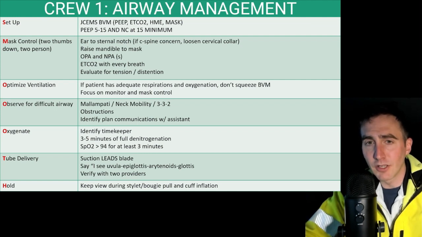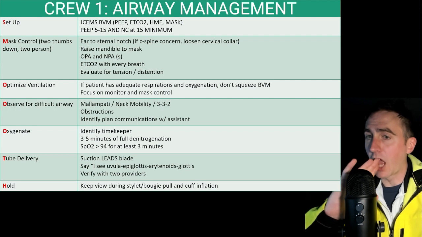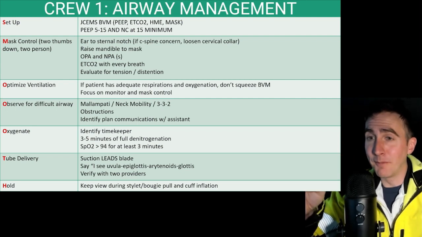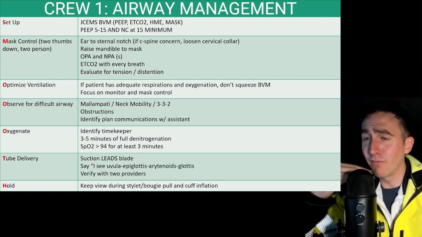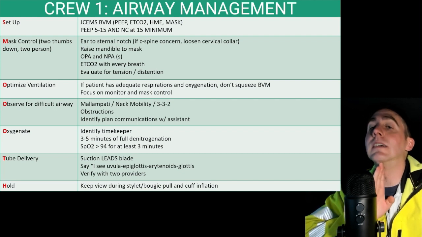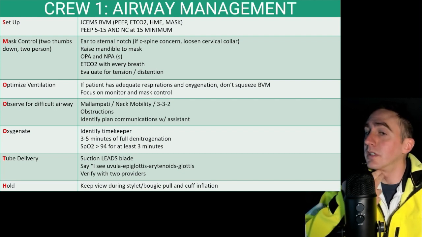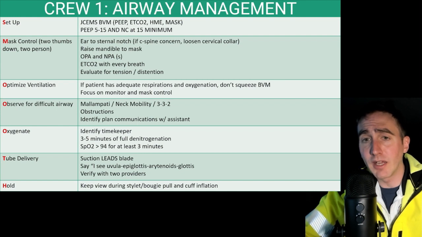So optimize ventilation, observe for difficult airway. You're going to check Mallampati, see if the neck's mobile, 3-3-2. So, 3 of the patient's fingers in their mouth, see if it'll fit. 3 here, and then 2 here, and I've got a picture of that. So think about it this way.